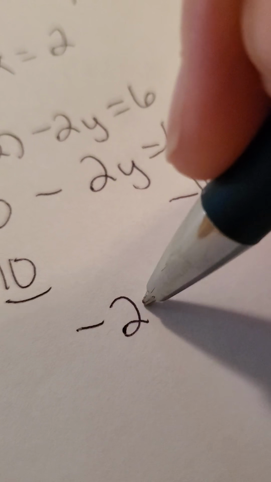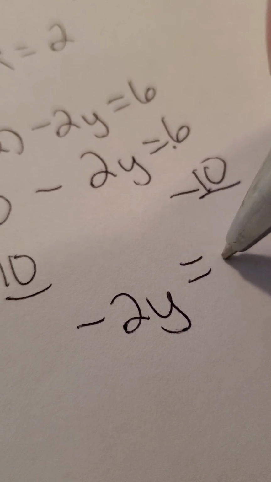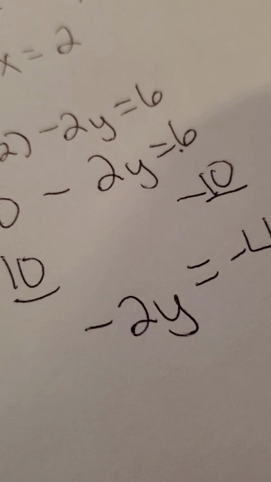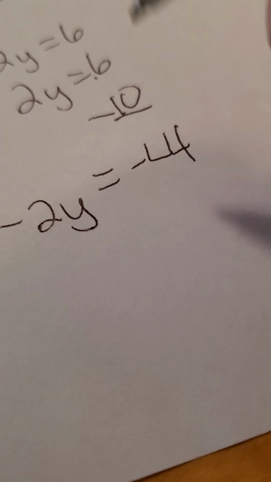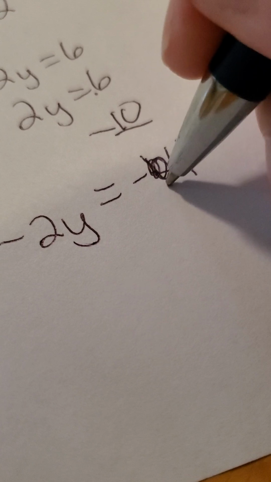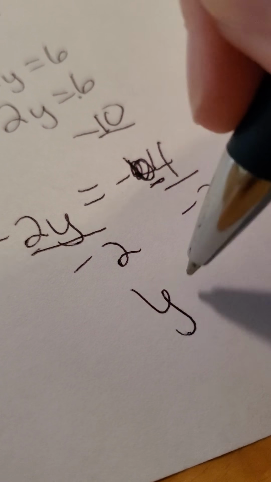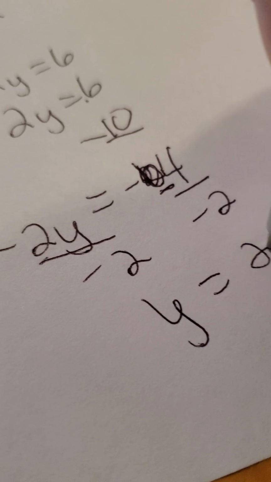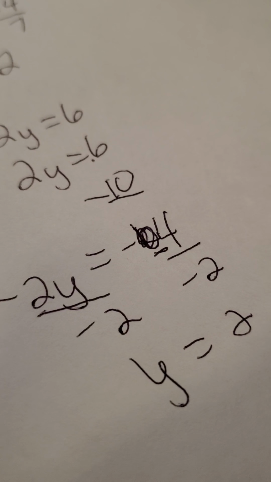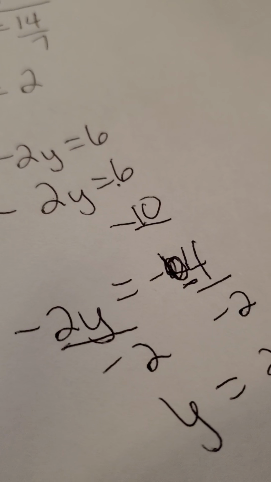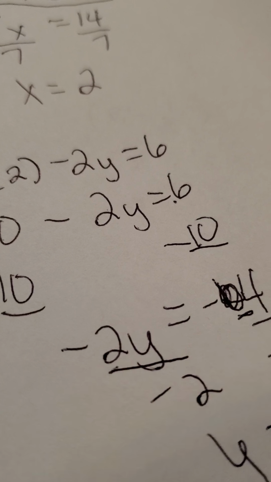So I got a negative 2y. 6 minus 10 is negative 4. Divided by a negative 2. Negative 4 divided by a negative 2 is a positive 2. So my solution is going to be 2, 2 for this problem.